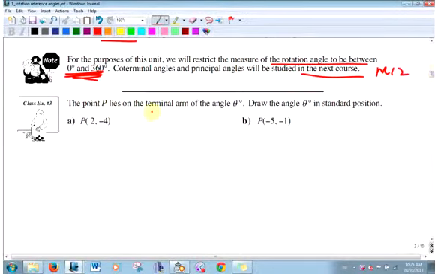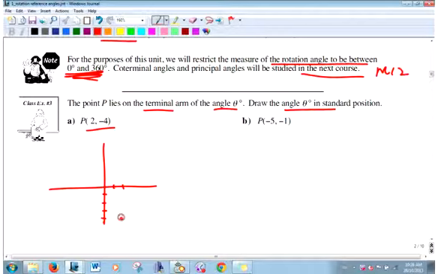Point P lies on the terminal arm of angle theta. Draw it. Do you know how to put that coordinate in a Cartesian plane? 2, minus 4. There it is.